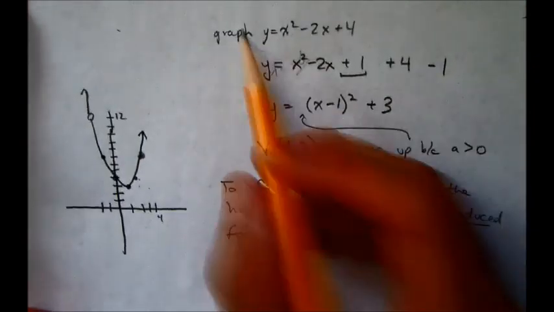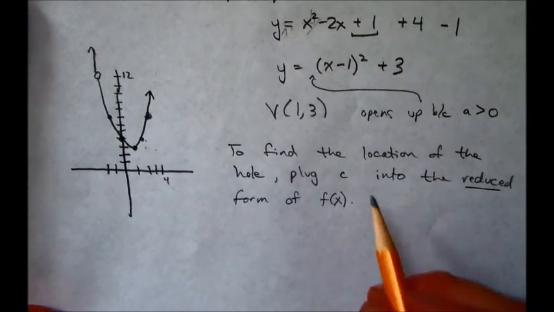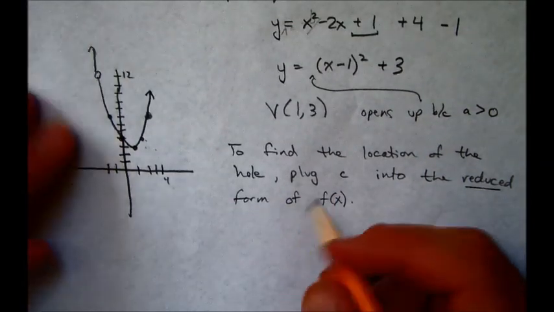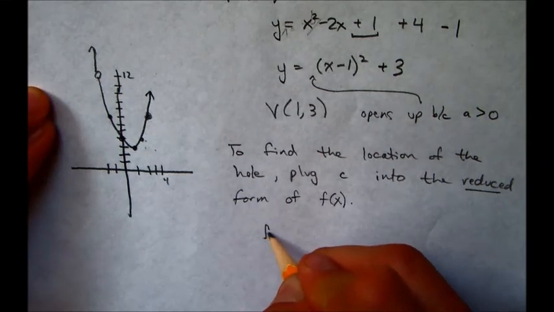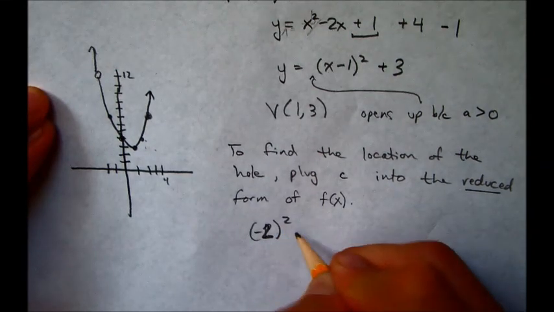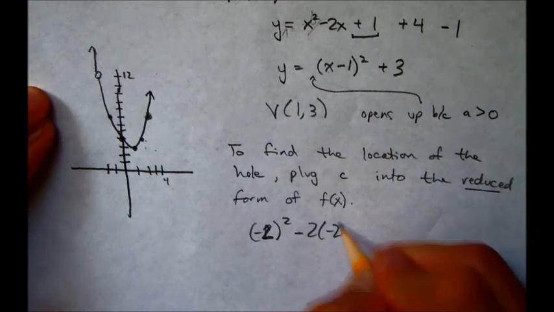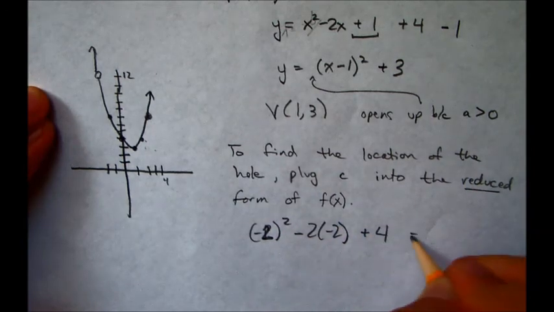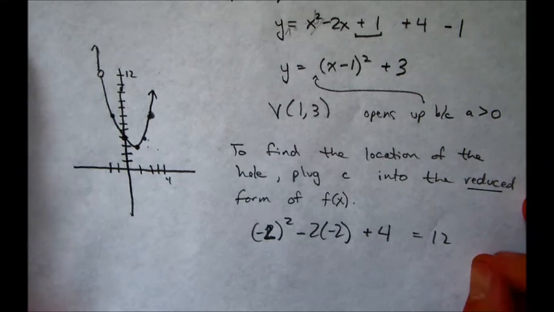It's a reduced version. So, but you can think of it this way. All right, so we'll take our negative 2, plug that thing into the reduced version here. This gives us that 12, but we also saw it from the graph.